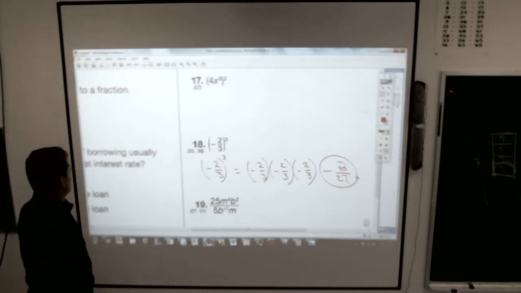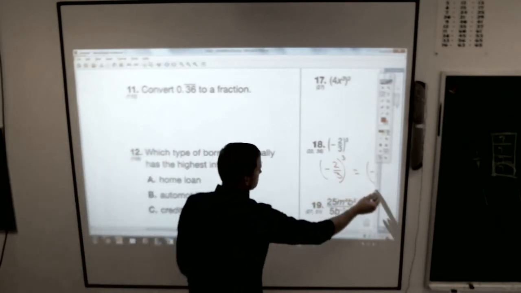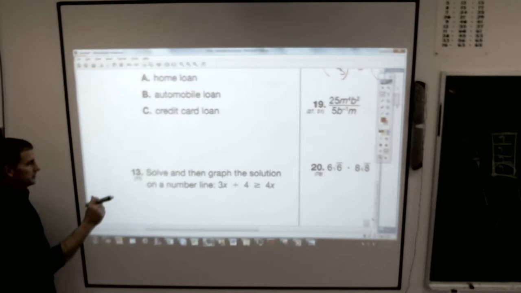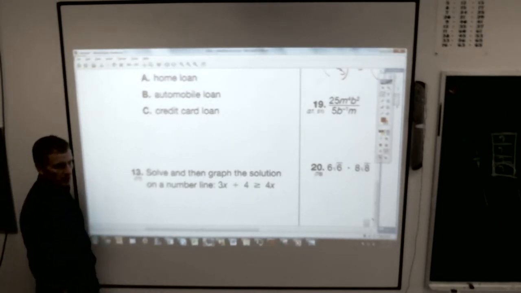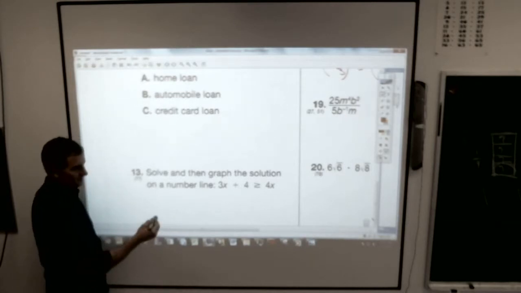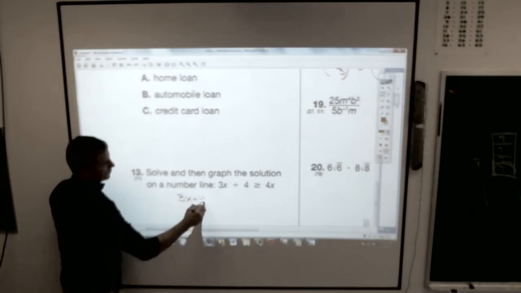13. Now this one is one you want to focus on. I'm going to guess most of you didn't get this right. How many people got this right without the aid of somebody else? 3x plus 4 is greater than or equal to 4x.